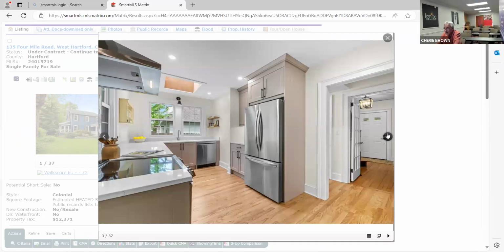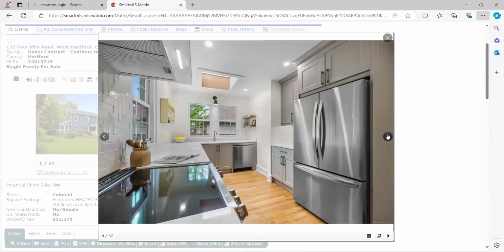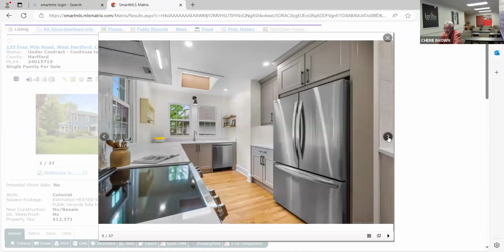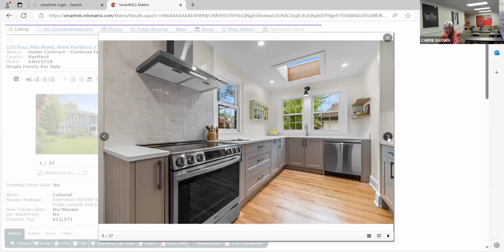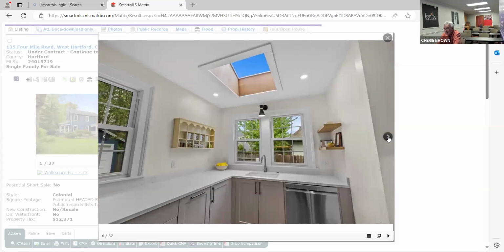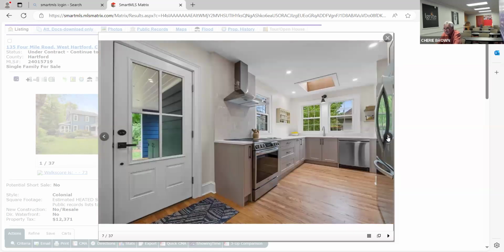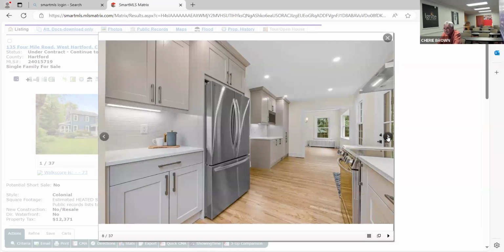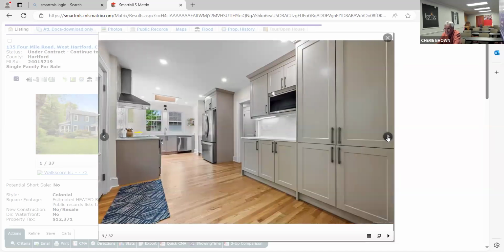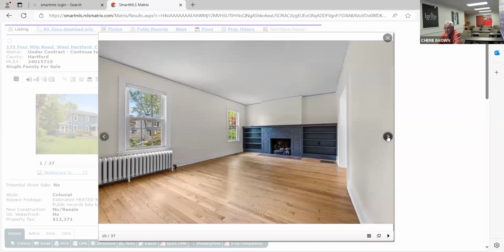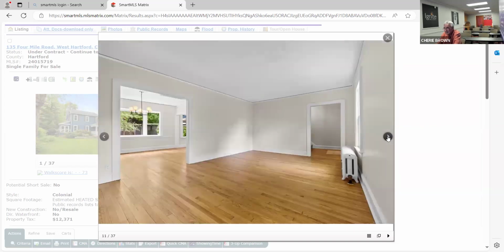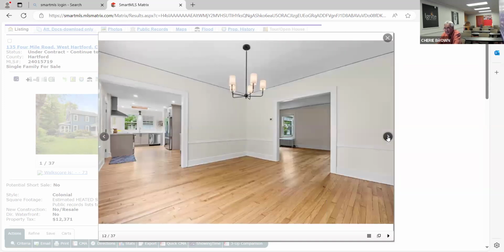Suggest that the kitchen is new. Everything's clean and tidy, and very vacant.